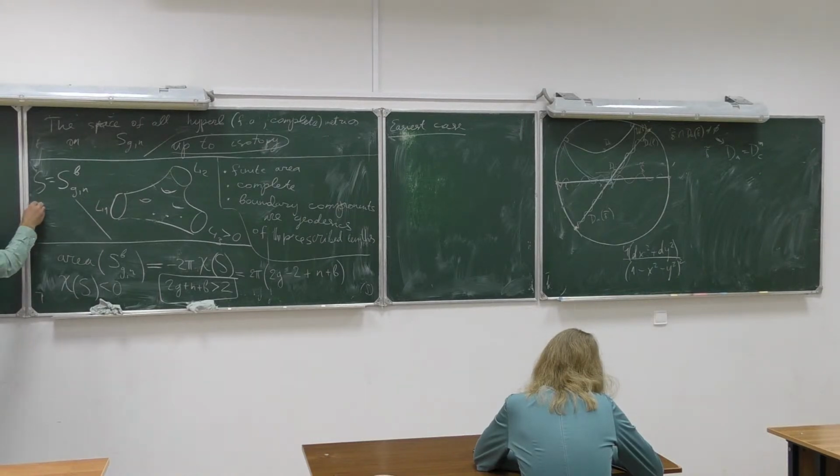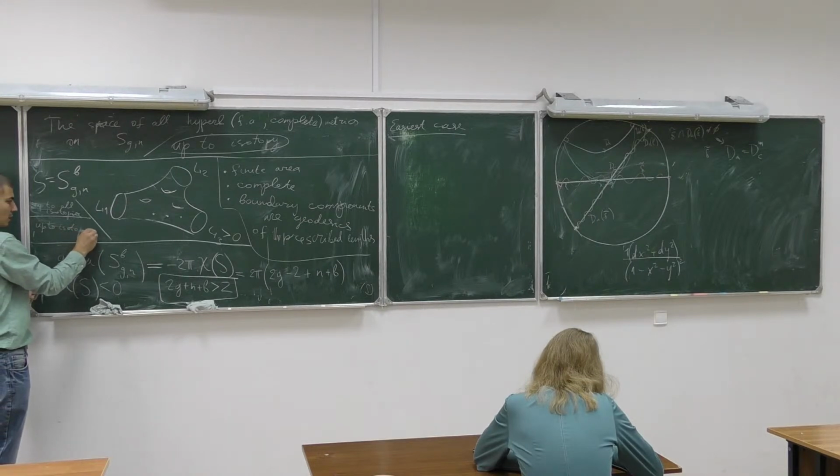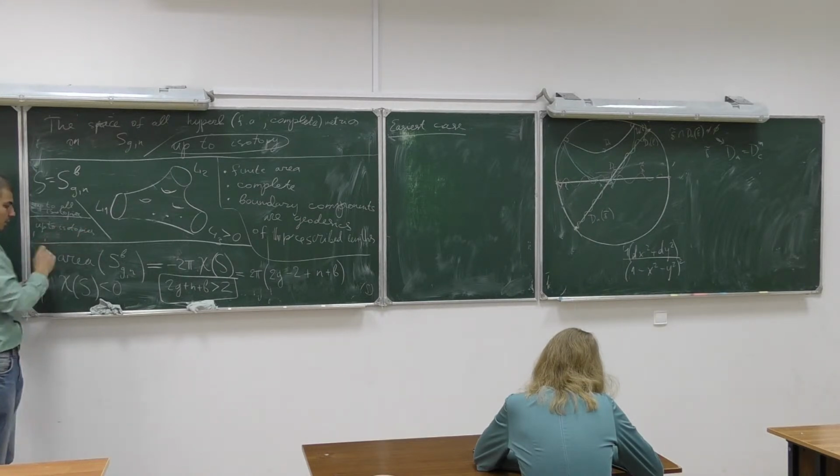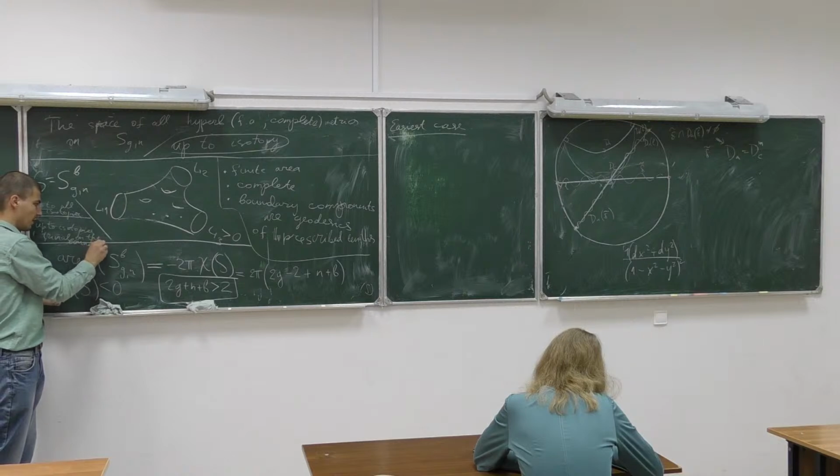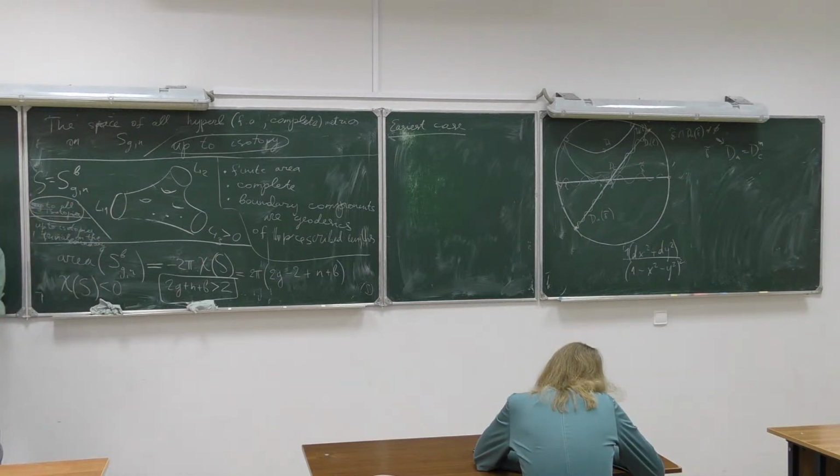We may consider things up to all isotopies, or we can consider up to isotopies which are preserving the boundary, which are trivial on the boundary. At the moment I prefer to consider them up to all isotopies. It is more convenient now.